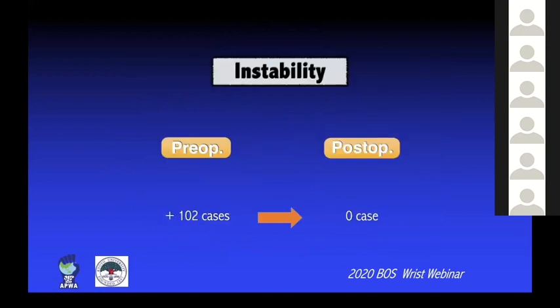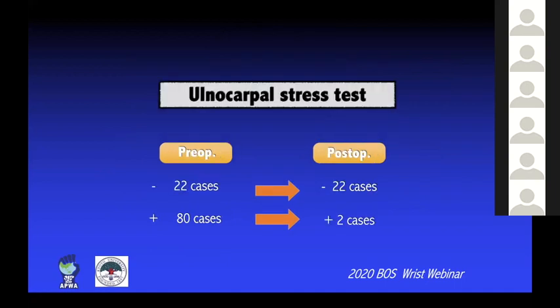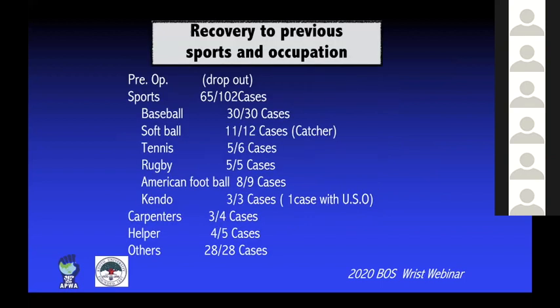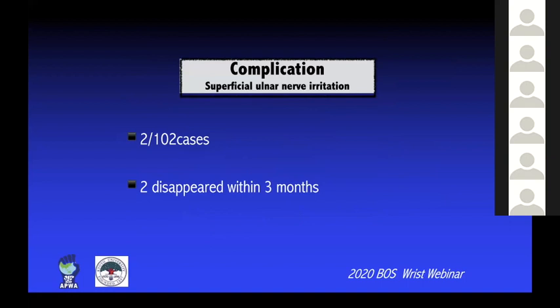Instability before operation disappeared in all cases. Of 18 cases with positive ulnar carpal stress tests before operation, all disappeared except for 2 cases. Almost all patients returned to their previous occupation. There were 2 cases of superficial ulnar nerve irritation, which disappeared within 3 months.